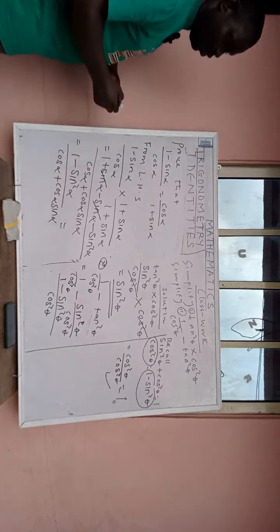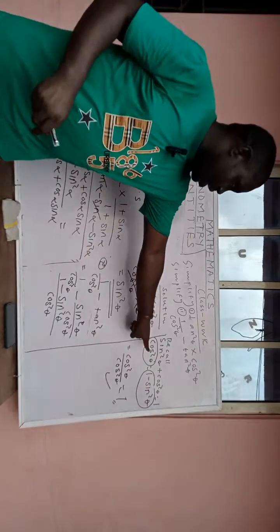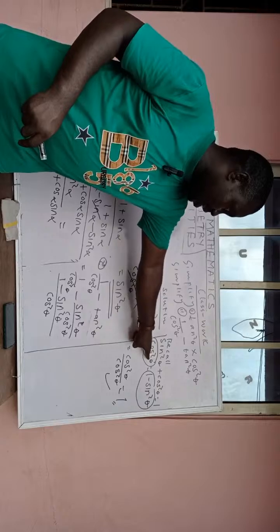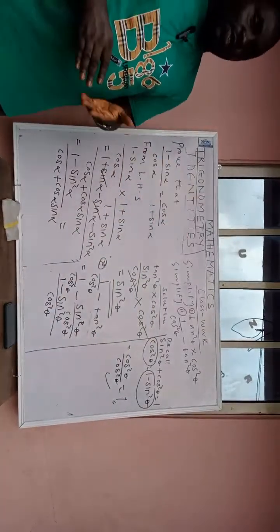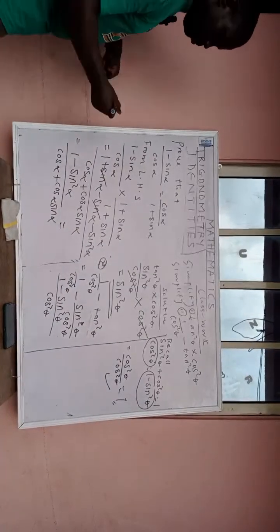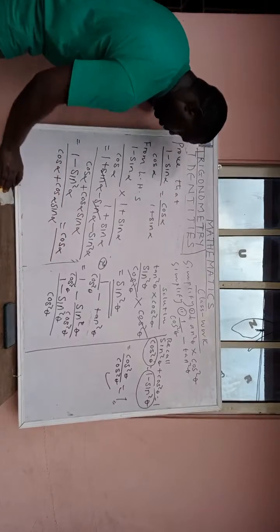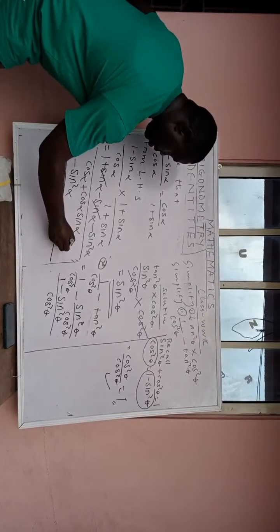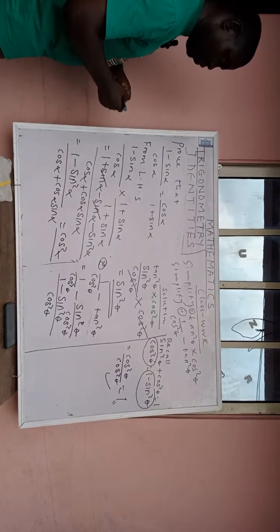Now, do not forget, we just did it a while ago: cos square theta equals 1 minus sine square theta. So it means that 1 minus sine square alpha can be cos square alpha.